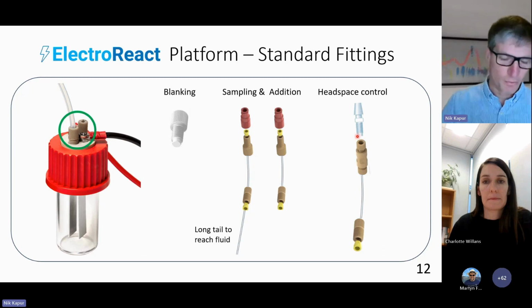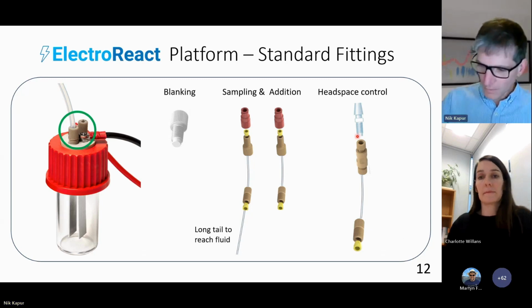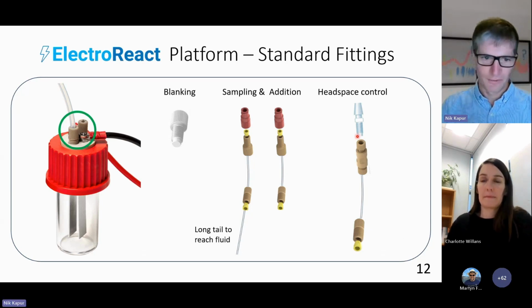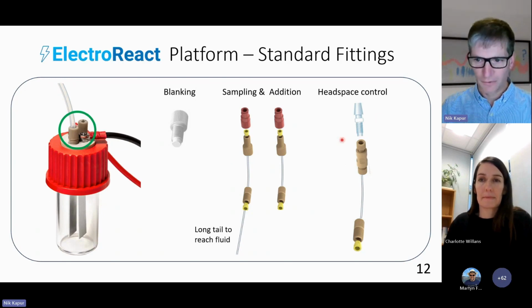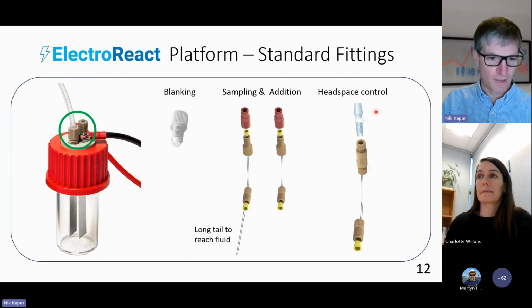Particularly if you're wanting to use reactions that are gas sensitive, you might need to purge the reactor and replace what starts off as air, for instance, with an inert gas. This allows you to do this on a Schlenk line. So again, a very convenient and easy way to really control the environment around which your reaction is taking place.